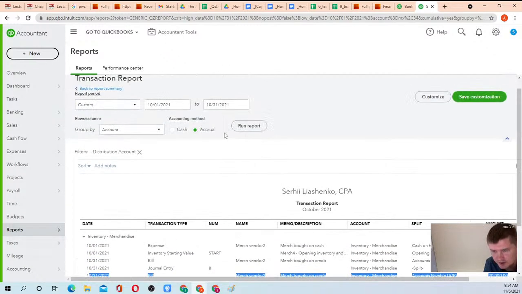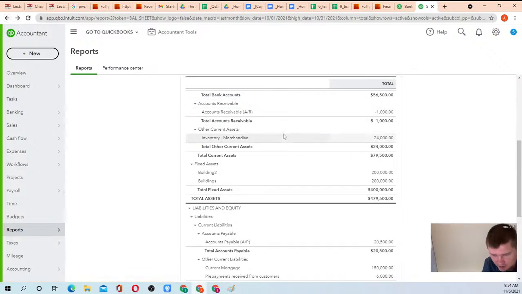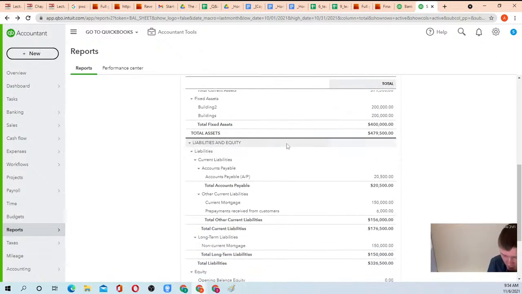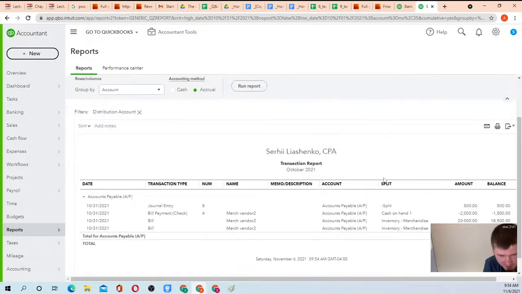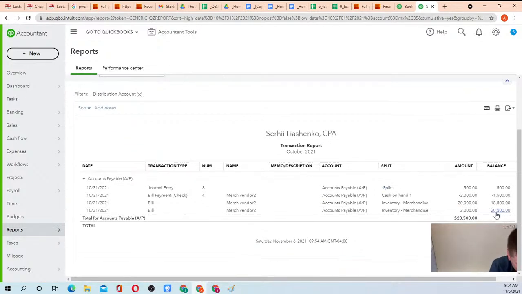So it posted correctly to inventory merchandise. Let's go back and check our accounts payable account. Since we just created a bill, like we received a bill but haven't paid it yet, it will show up in our accounts payable account right here. So we have that bill here, 20,000.